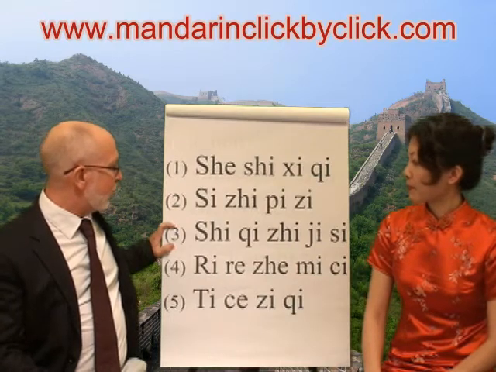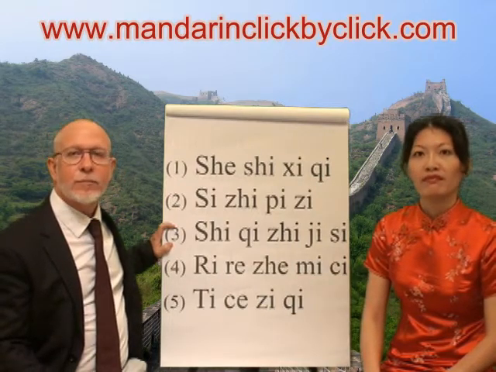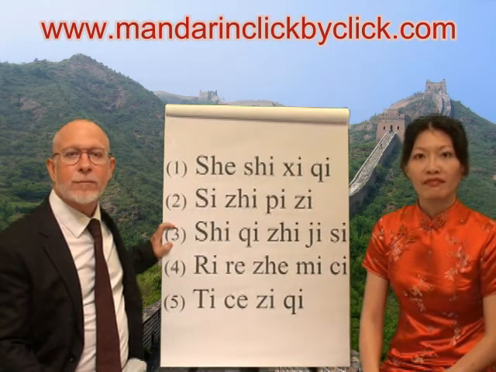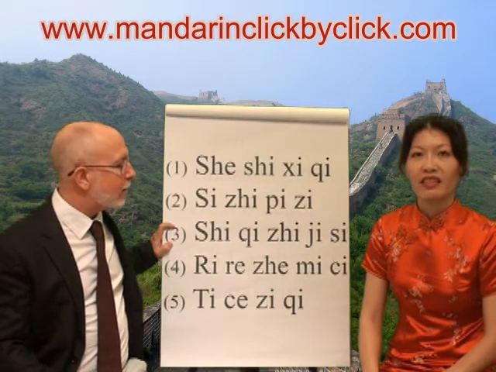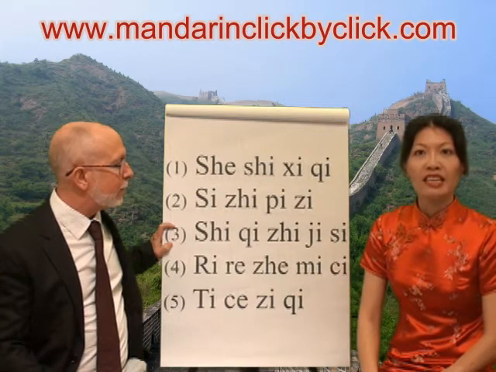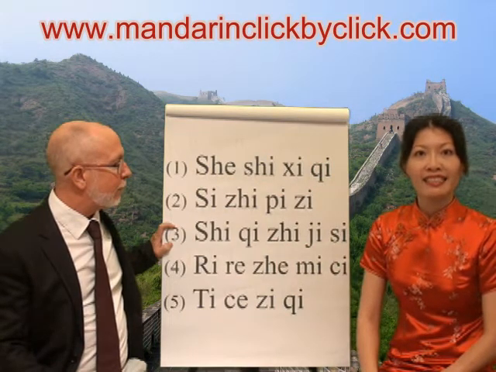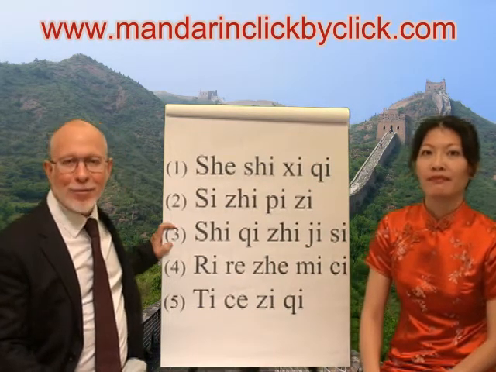Now let's hear number 3 aloud. And we can hear it. 施 七 织 鸡 丝 And you can repeat it.